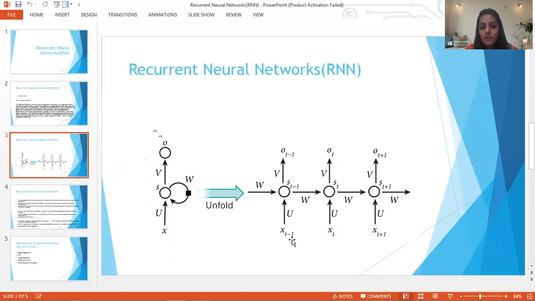So this is the input, and this is the hidden layer input. Then we go to the next layer, get the output, and go to the next layer. So it is a kind of summation of all the previous layers, taking the input of the previous layer as well as the input from the current node.